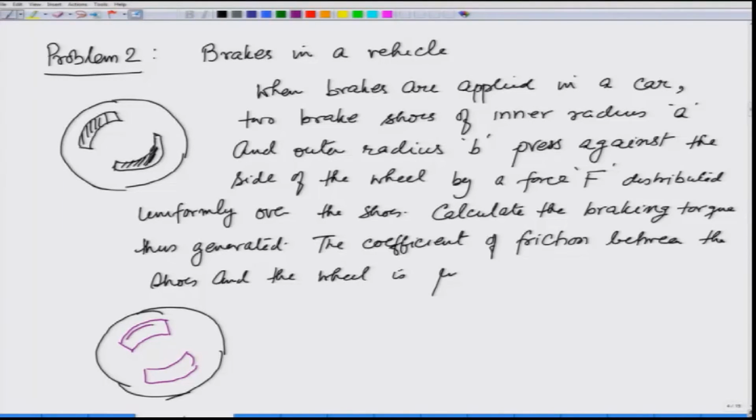And they are generating force. If the wheel is rotating like this, they are generating force in the opposite direction. You can see the forces would cancel each other, therefore, the only thing that is happening is it provides a torque.